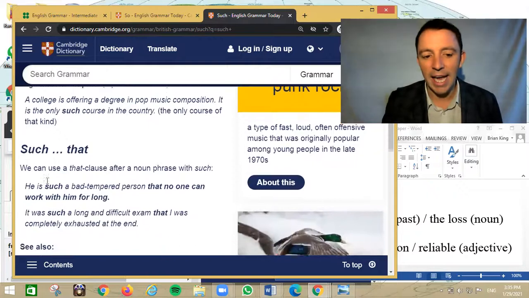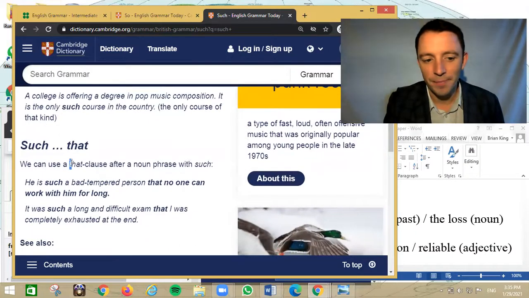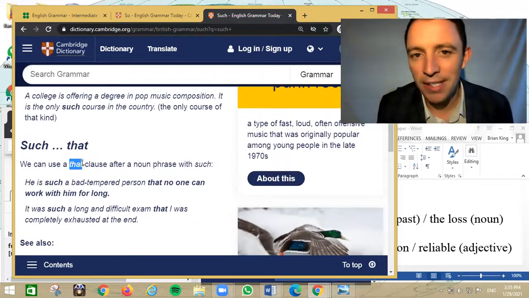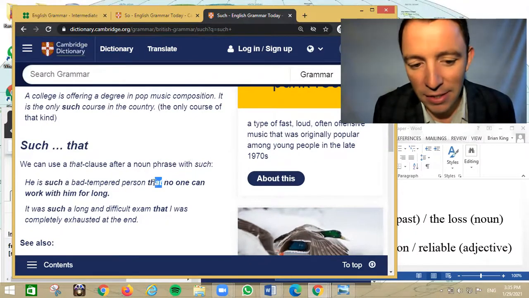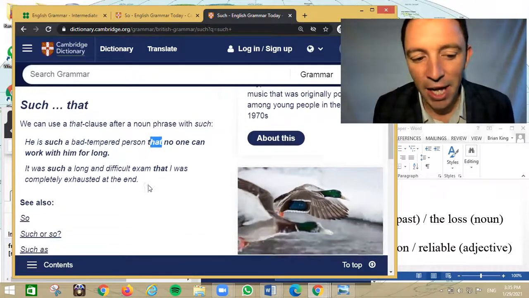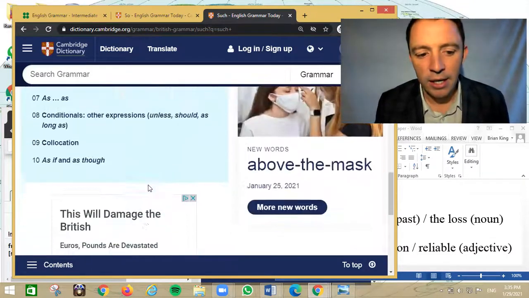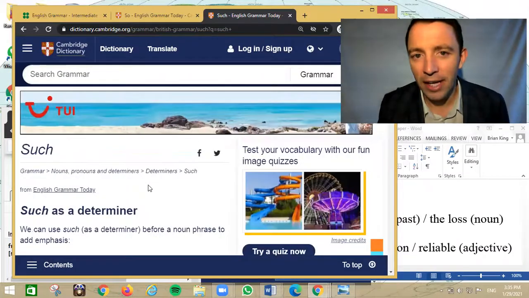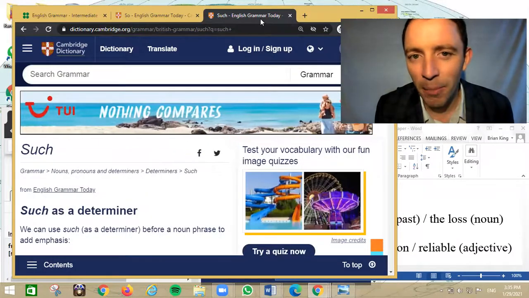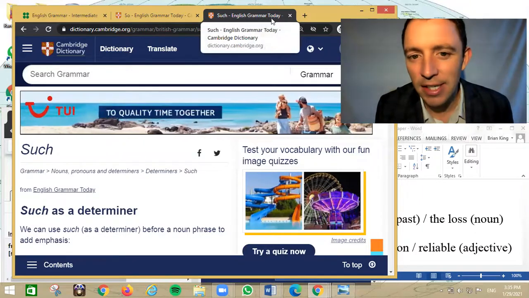Okay, and again, such and that is the consequence, and we have seen this already, but such is with the substantive, and the consequence is important that. Okay, we have seen that already.